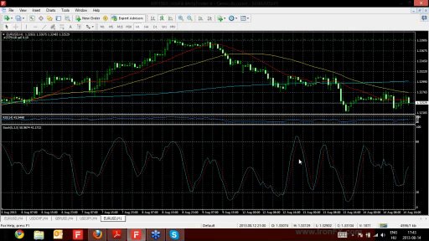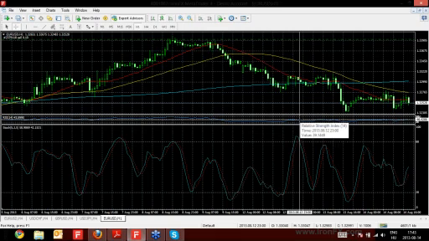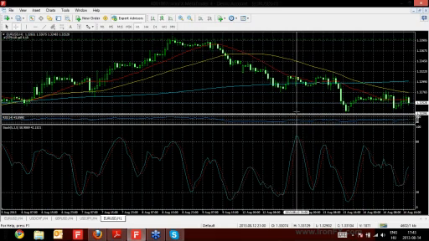So a way to use this is in conjunction with, for instance, moving averages. Determine whether it's in an uptrend or downtrend, and if it's in a downtrend, then we look only for bearish momentum signals. Okay, this is a way to use the stochastic.